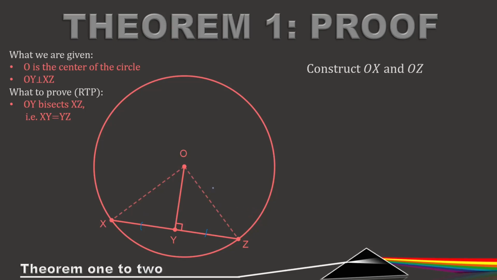Because we have learned about congruency and similarity in grade 9. And when you prove two triangles congruent to each other, it means that all the corresponding angles and sides will be equal to each other. So this is what we're going to do. We're going to prove that these two triangles, triangle OXY and triangle OZY, are congruent.